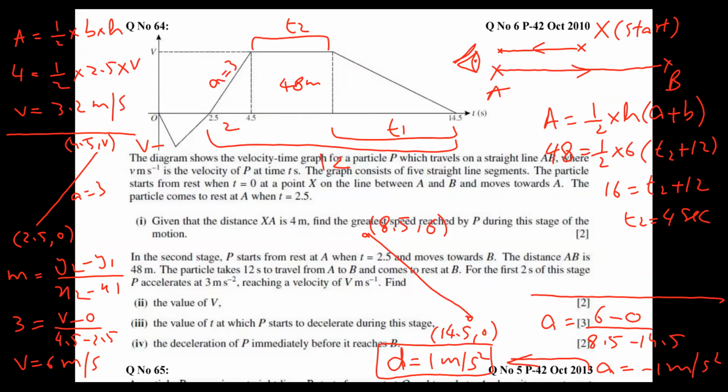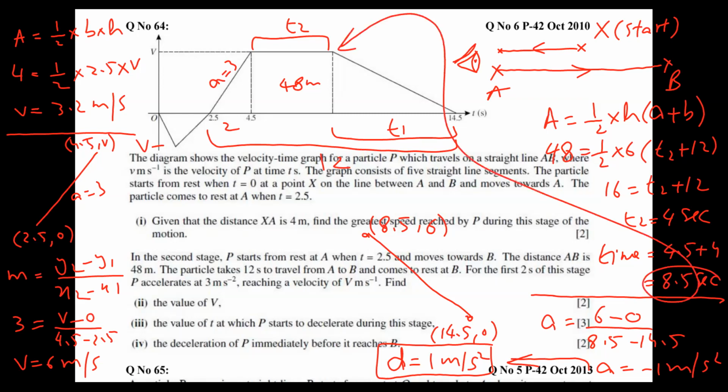I don't want t1, sorry. The time I'm looking for is 4.5 plus 4, which gives 8.5. It starts decelerating at this moment. So I think the point is very clear. Now the question is completely over.